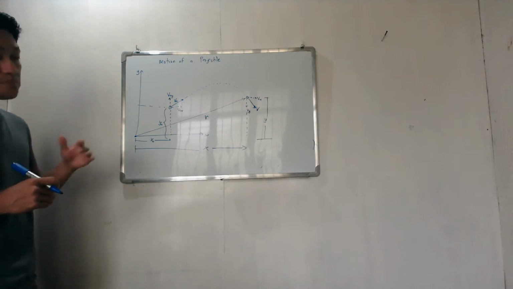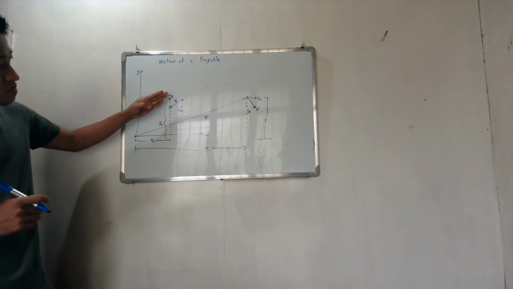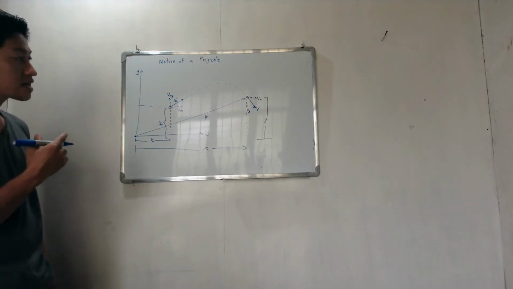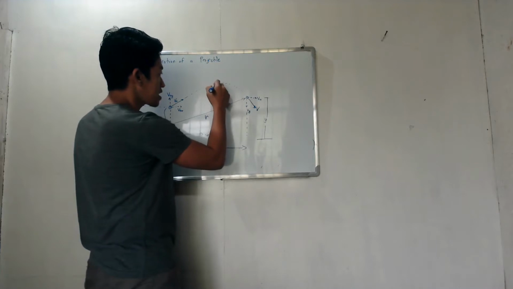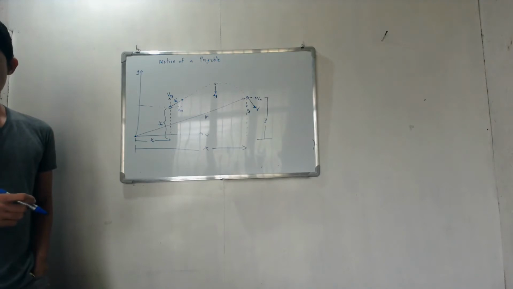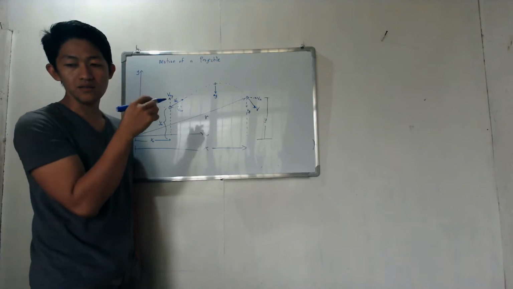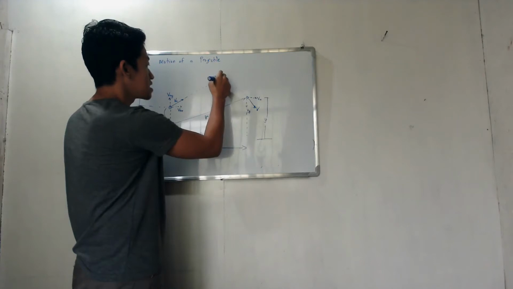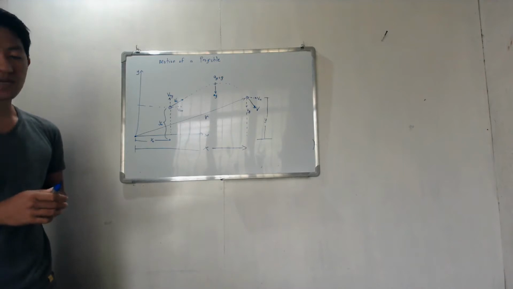Now for your projectile, as it moves along its path, the only force involved is its weight. So there is no component of acceleration along x. Its acceleration is only along y, which is downward due to gravity.